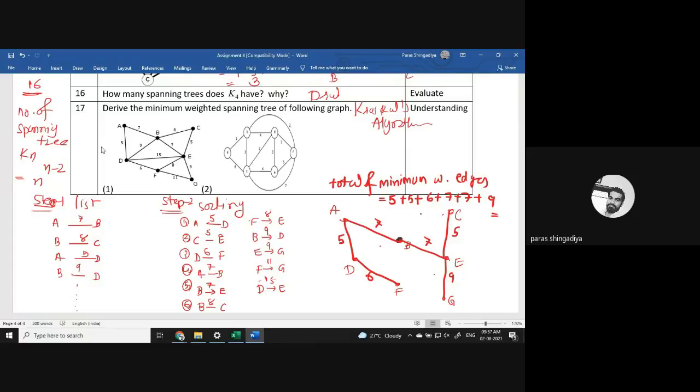Yes, what is the total of these 6 digits? 5 plus 5, 10, 16, plus 14, 30, 30 plus 9, 39. Is it clear to all how to create a minimum weighted spanning tree by Kruskal algorithm?